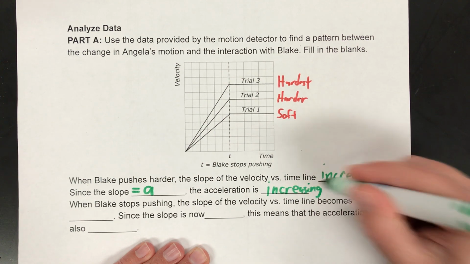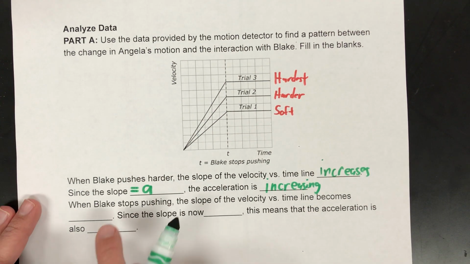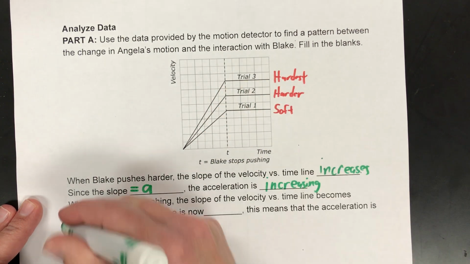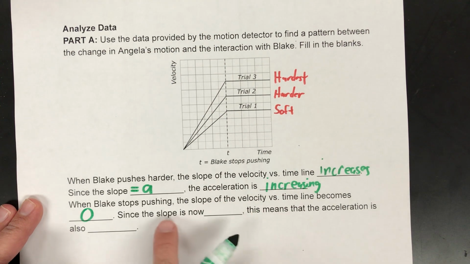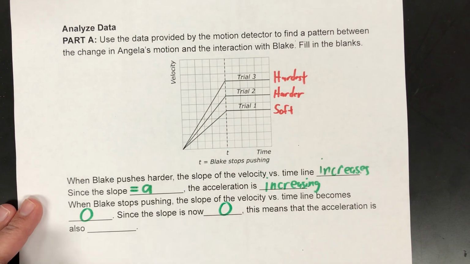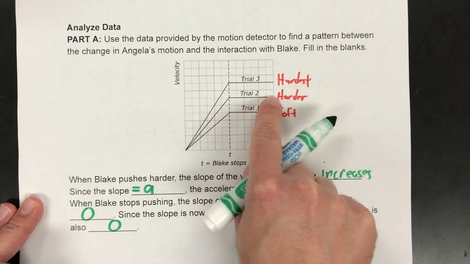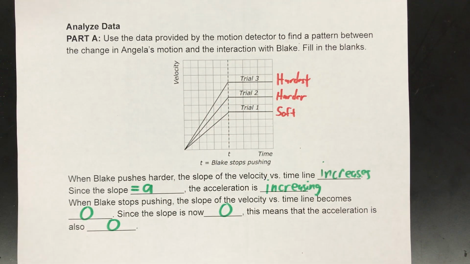More slope, more acceleration. It says when Blake stops pushing, the slope of the velocity versus time line becomes 0. Since the slope is now 0, this means that the acceleration is also 0. So no more acceleration after Blake stops pushing there.